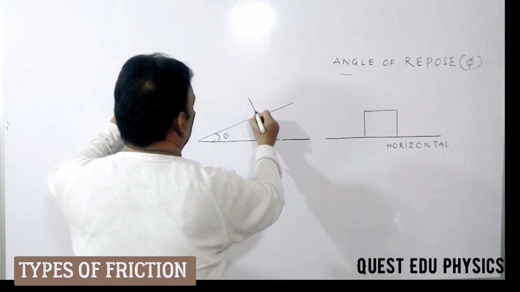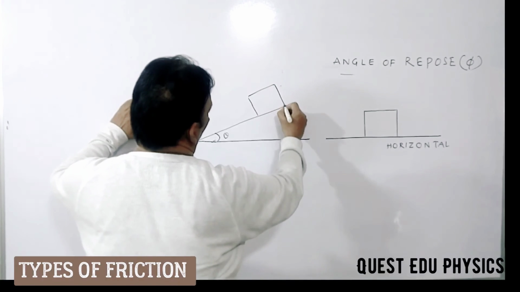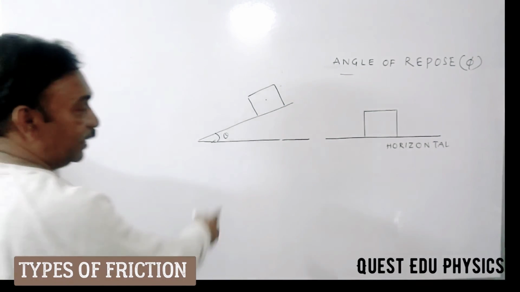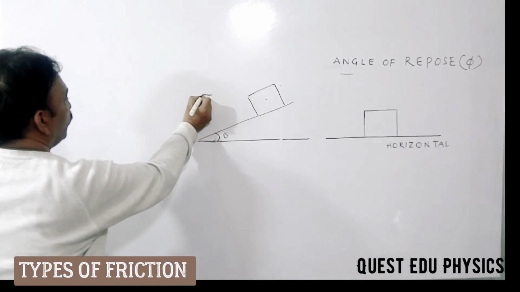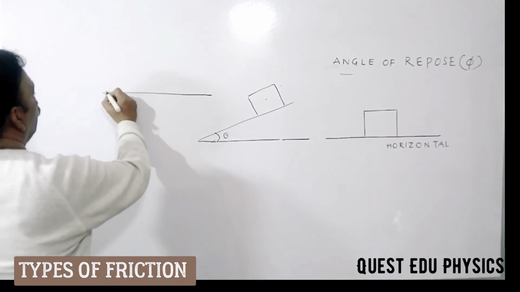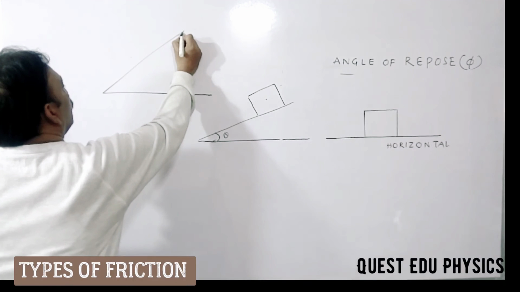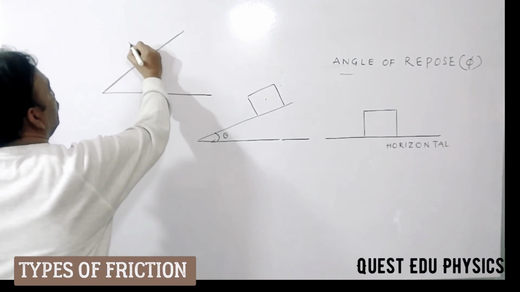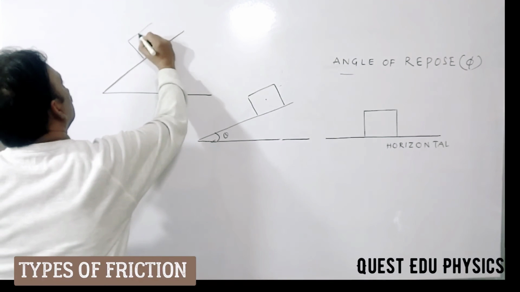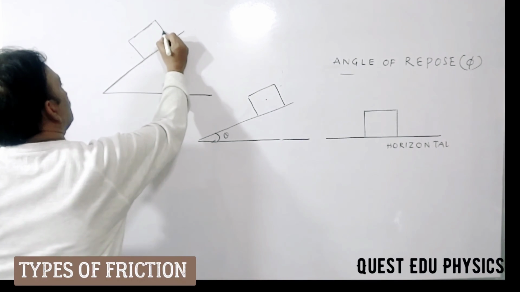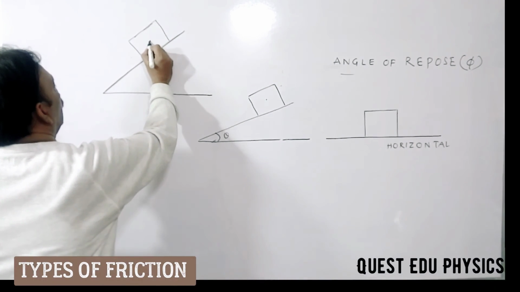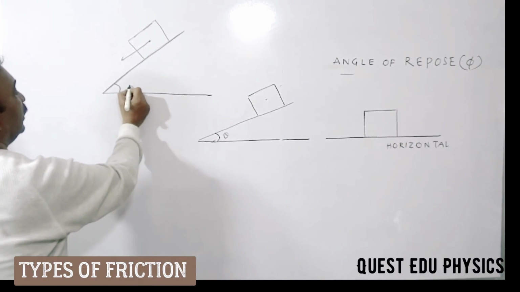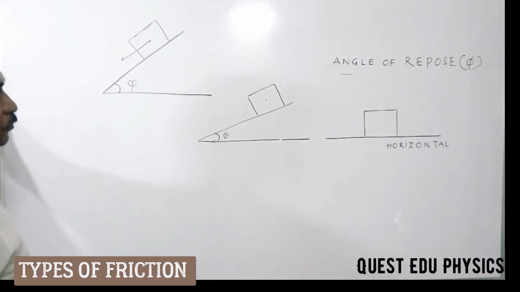Then if you watch it carefully, it doesn't move. Then what I did, I increased theta further. Okay, students, the motion started in this body. The body is moving in this way. This angle is known as the angle of repose.